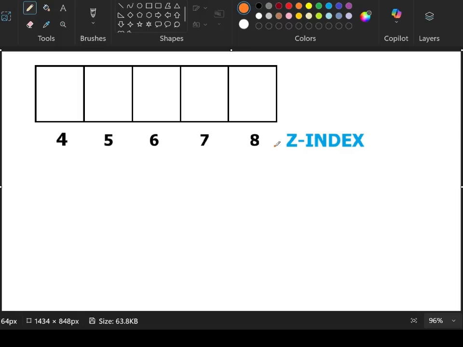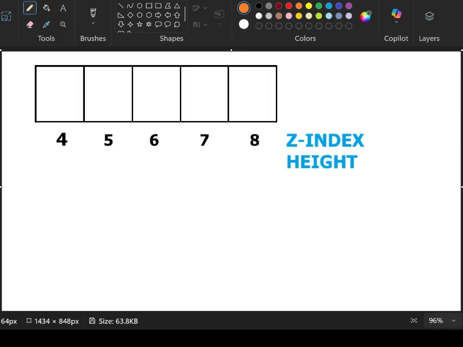Now there's another variable that we have to consider, and that is what the y position is supposed to be. Its y coordinate position helps us find out whether it should have the lowest z index or the highest z index.